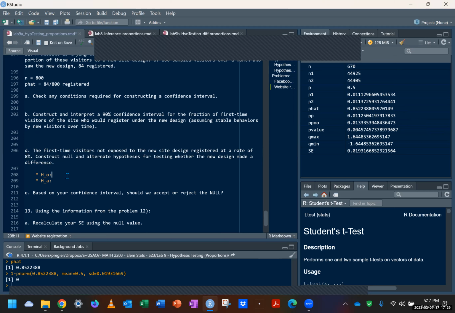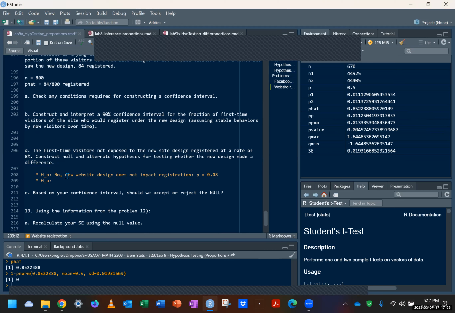So sometimes previous experience or data gives us a null value to compare against. So the null here, if we want to say, does this new website design improve registration? The null would say, no, new website design does not impact registration. If it doesn't impact registration, the registration rate would be the same, p equals 0.08.